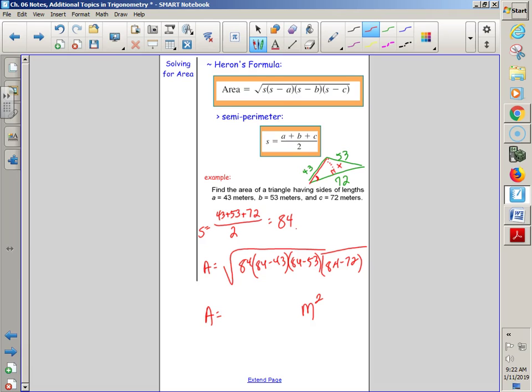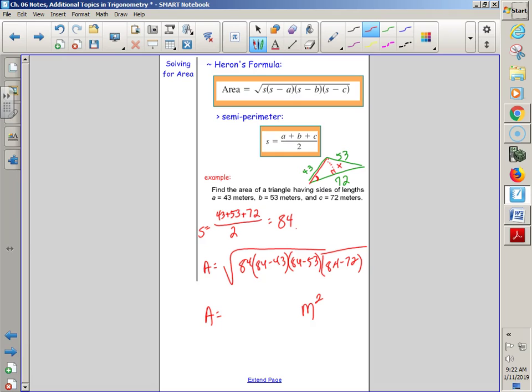Side, side, side. If you found this angle, then you could do sine of theta, that angle equals x over 43. You could solve for x and then do 1/2 base times height. You could do law of cosines and then 1/2 base times height after using trig. Or you just plug in, but you know the new formula to use, at least on a test or quiz.